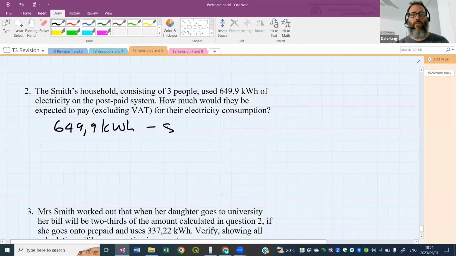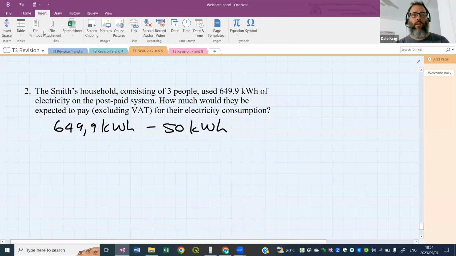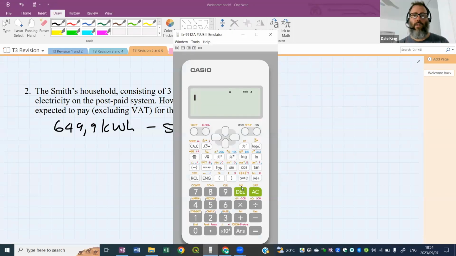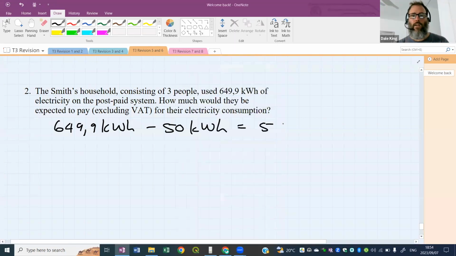I'm going to take away 50 because that's the first bracket, and then I'm going to charge that 50. By the way, how much do we have left? 649,9 minus 50 is 599,9.